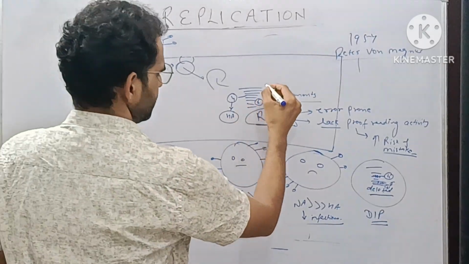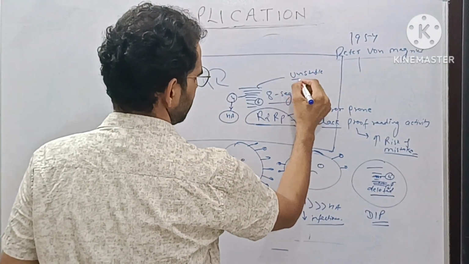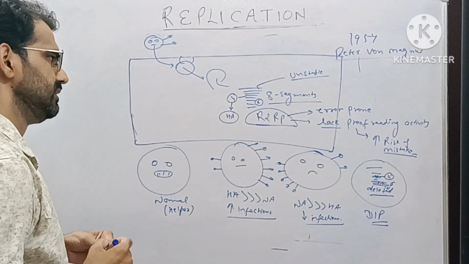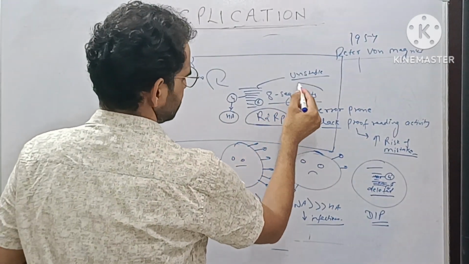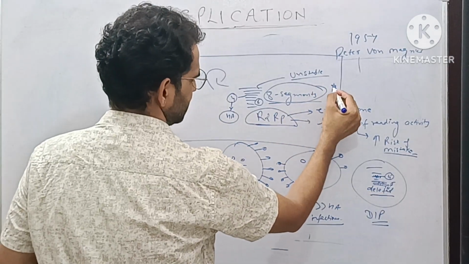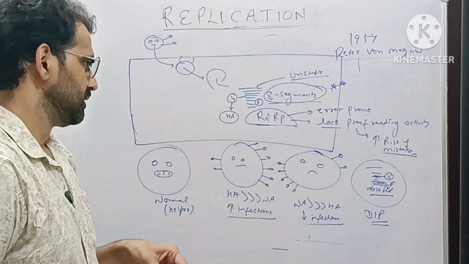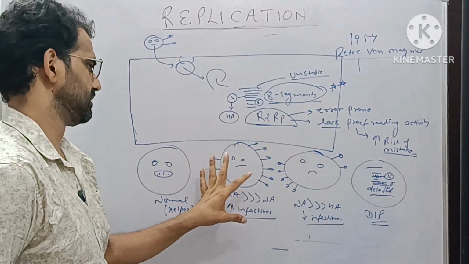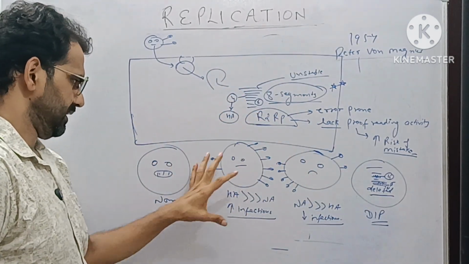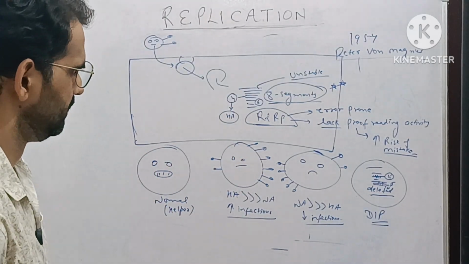One more reason could be that the RNA genome is itself unstable. And one more reason is the number of segments, 8 segments. These are the few reasons why defective particles are formed in excess as compared to normal.